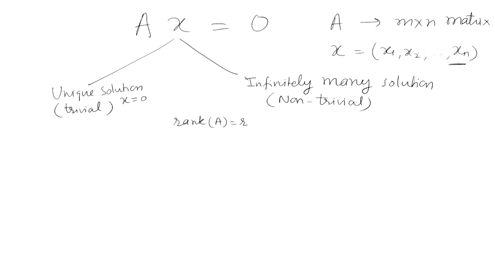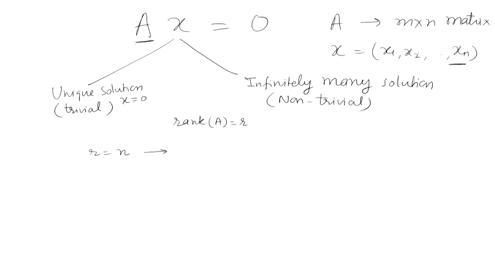Now, if rank is equal to n, this means the maximum number of linearly independent equations is n, because the rank is n.